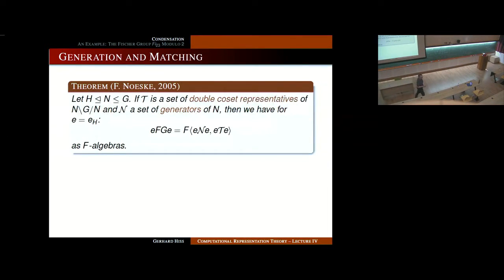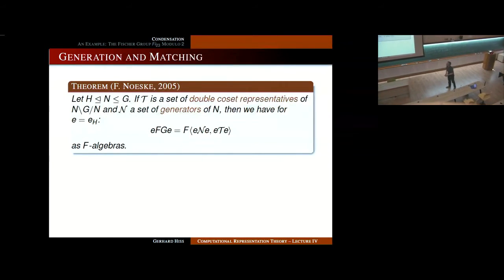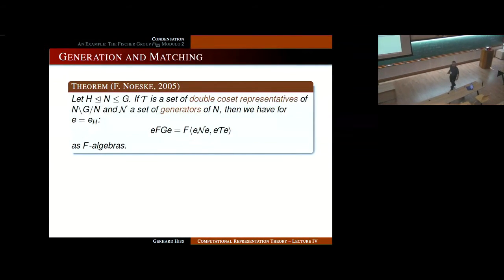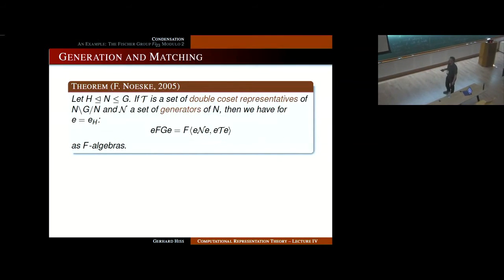You take a maximal subgroup, 2 to the 1+24, we learned in this lecture, times Conway 1. You take as H this 2 to the 1+24, and that's N. And then what you need is a set of double coset representatives for this maximal subgroup, usually that are not so many.